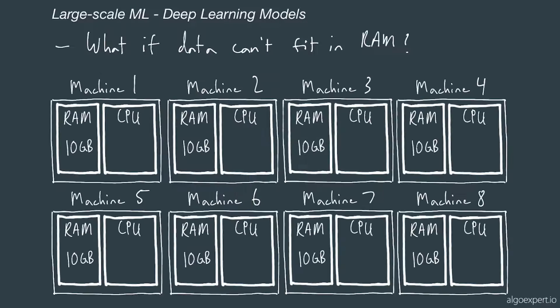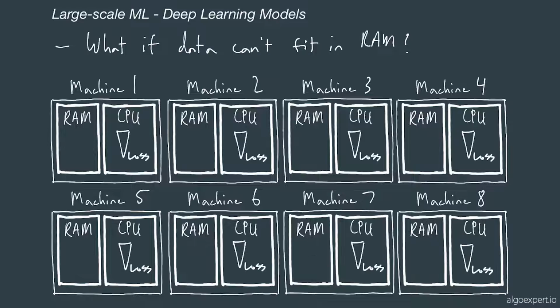So another option could be to spread our 80 gigabytes across 8 machines. So each machine would get 10 gigabytes. So let's see how this would work. The CPUs would generate the gradients for each part of the 80 gigabytes of the data, and then they would ship all of the data to either neighbors or maybe a direct connection with a single machine.